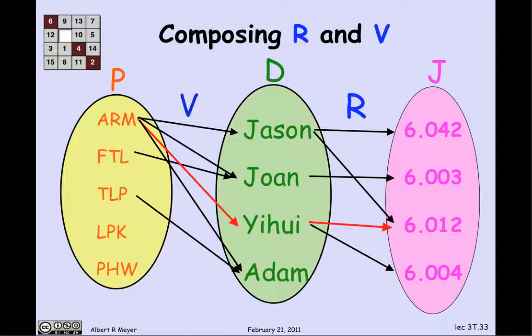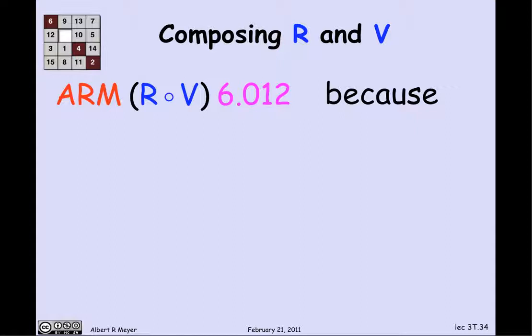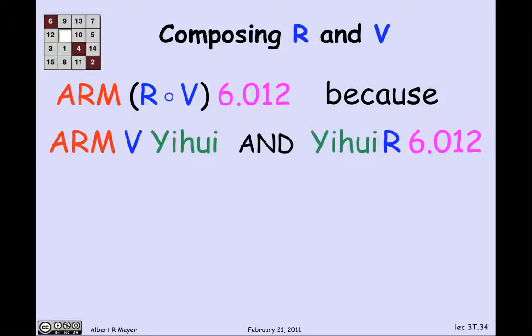Then you follow another arrow from Yi-Hui to 6012, and you discover, hey, ARM has an advisee in 6012. So now we can say that Professor ARM is in the relation R composed with V with 6012 because of this path.